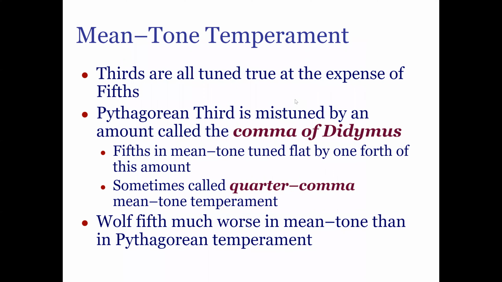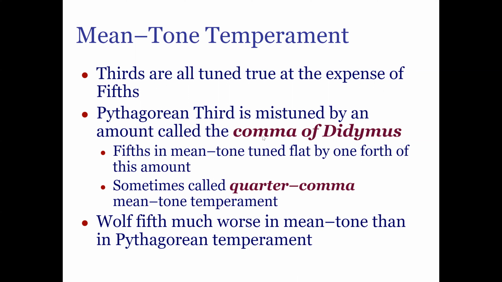That frequency mismatch between 1.25 for a major third and the 1.26 number for the Pythagorean third is the comma of Didymus. Again, that has another name, and I can't remember if it's the syntonic comma or which one it is.